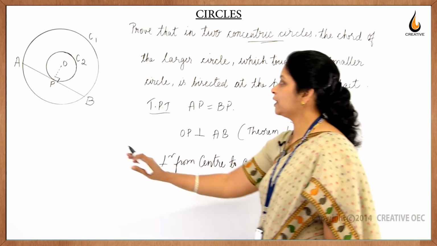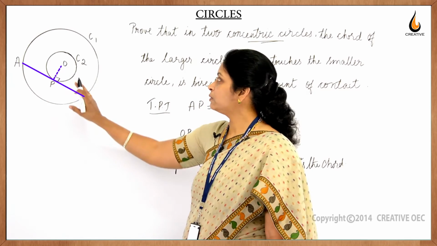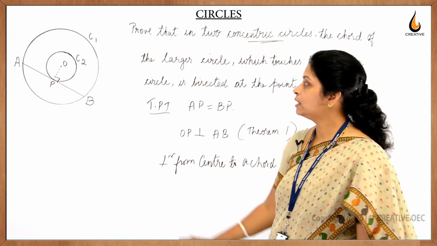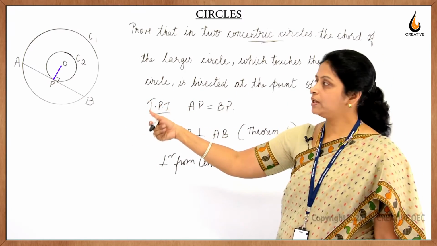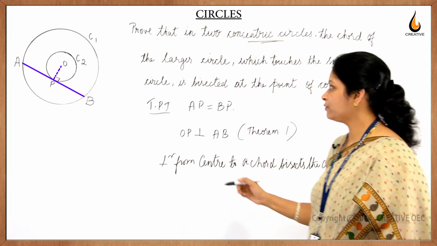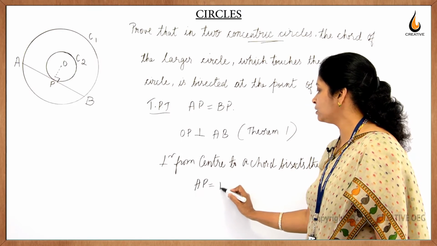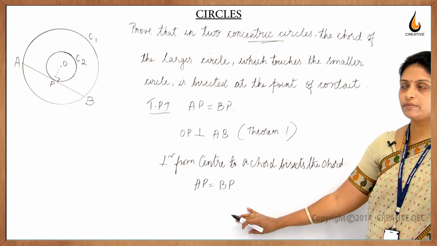Now, we have shown that OP is perpendicular to AB. This perpendicular to AB is drawn from the center to the chord. According to this property, OP will bisect AB. Therefore, we can say that AP is equal to BP. So, this is what we have to prove.